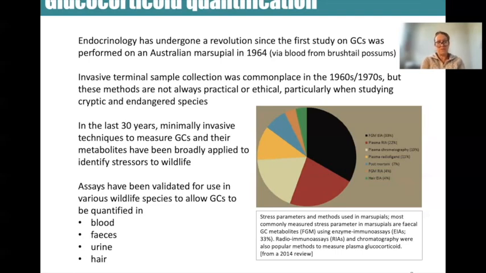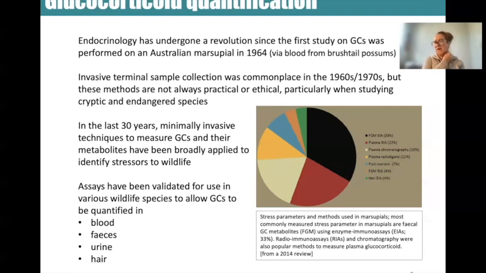So in some instances, it's still necessary to measure blood, but this can be achieved without having to sacrifice the animals and with only a small amount of blood. But more commonly, we tend to adopt completely non-invasive methodologies that will involve glucocorticoid analysis of feces, urine, or hair.